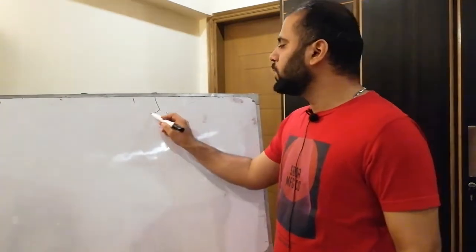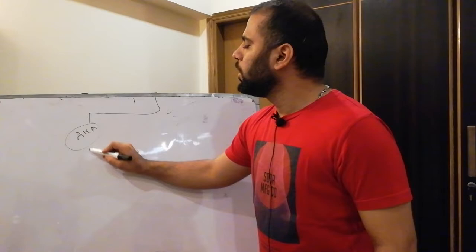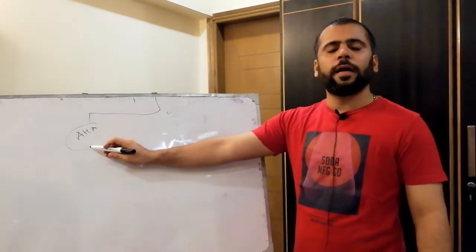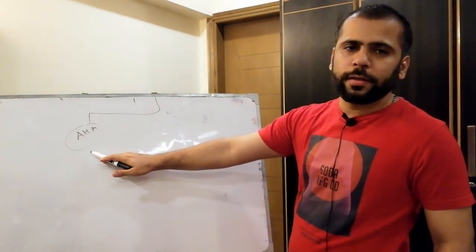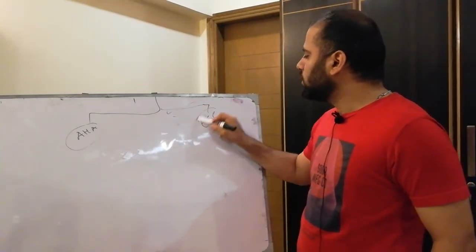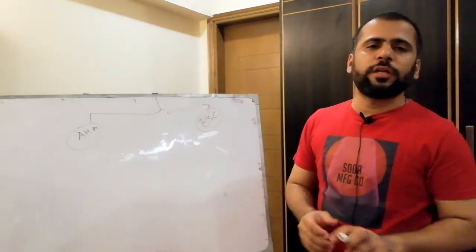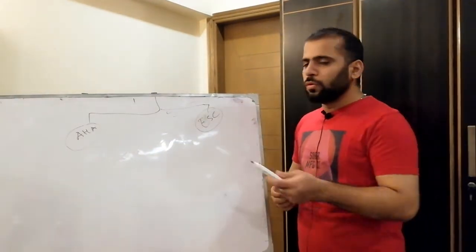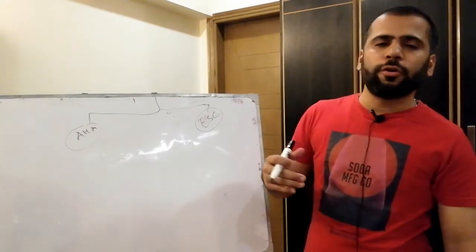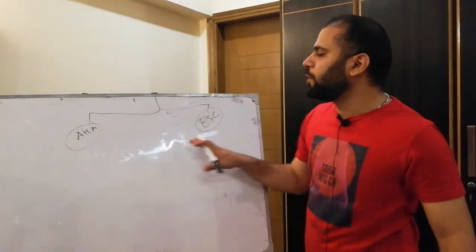One is AHA guidelines, also present on the Google Play Store and Apple Store, and ESC guidelines. You have to download both, because anytime you are seeing your patient you have to get the evidence, or recheck your treatment through these apps.